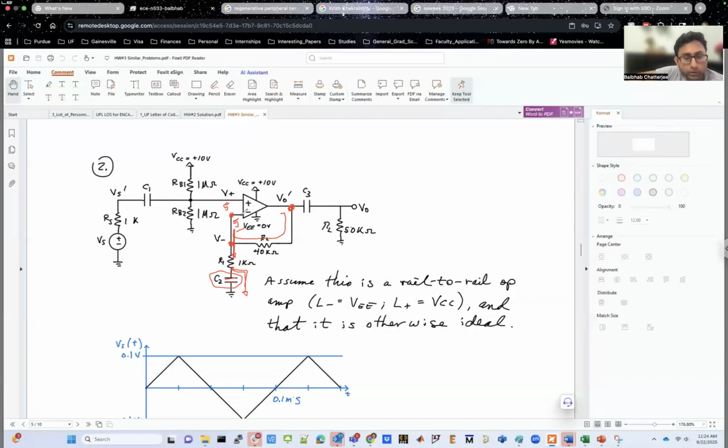Now you have both the inputs fixed at 5 volts, which is at the middle of your VTC curve, and your output is also fixed at DC 5 volts, which is at the middle of your VTC curve. So you can fix your output and input DC points just by having this additional C2 capacitor, which blocks the DC going from your V minus to 0.